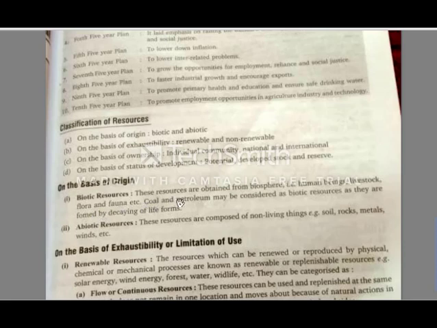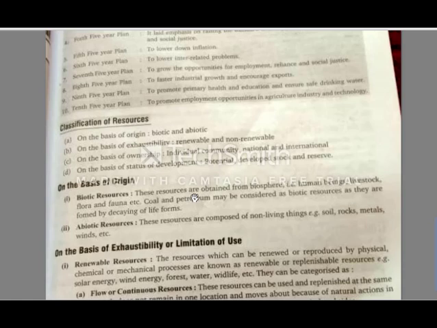These resources are obtained from the biosphere. For example, the living organisms, the resources having life. Human beings are also an example of them. We all are also examples of biotic resources. Another is livestock.